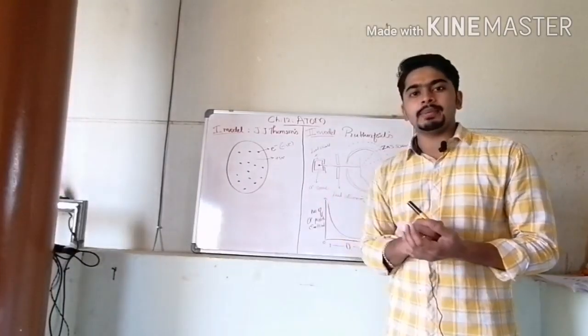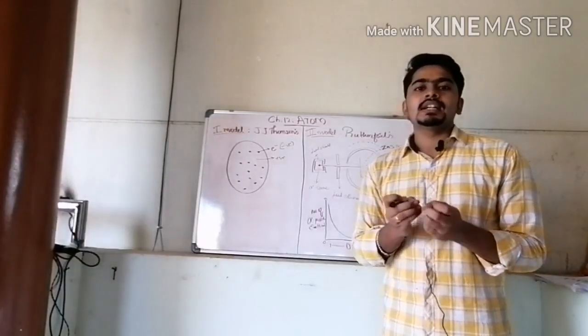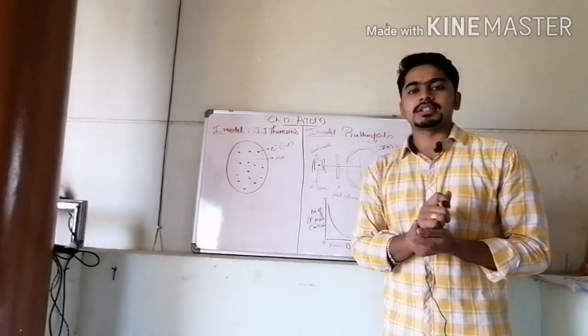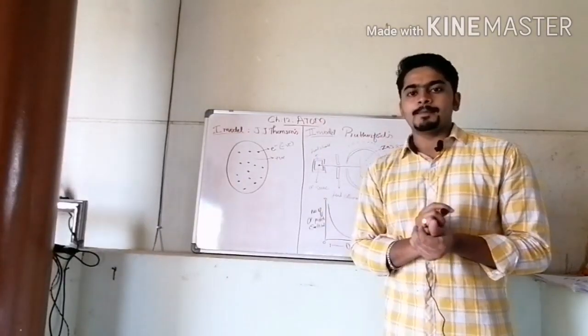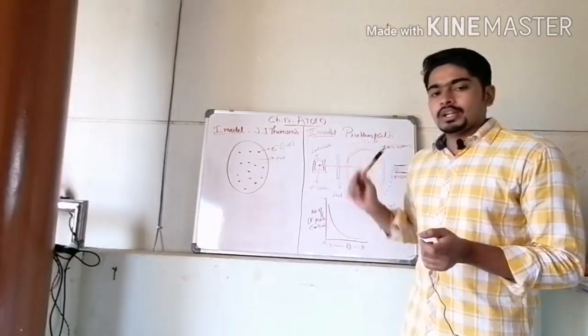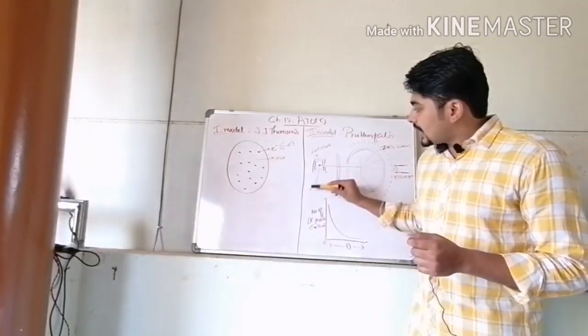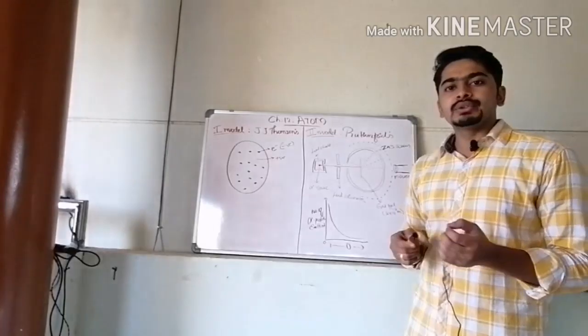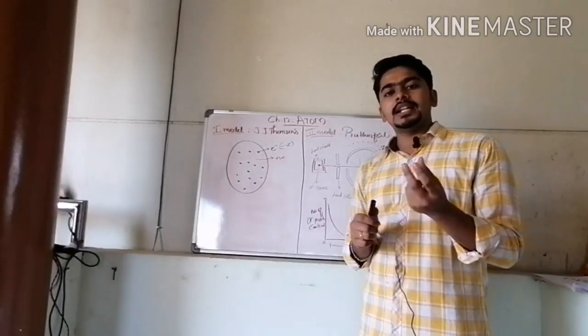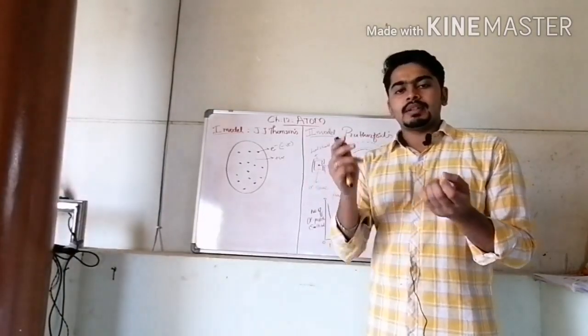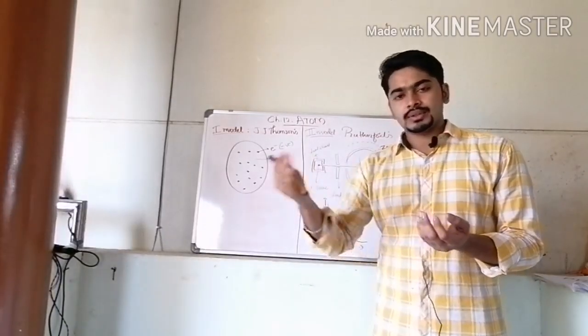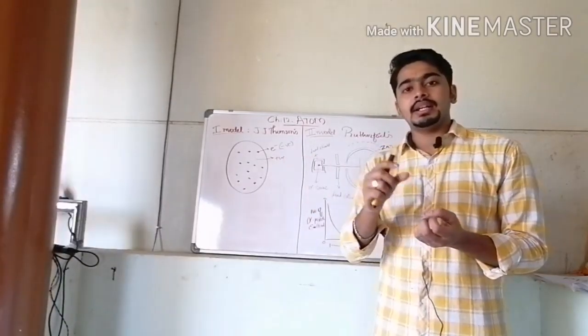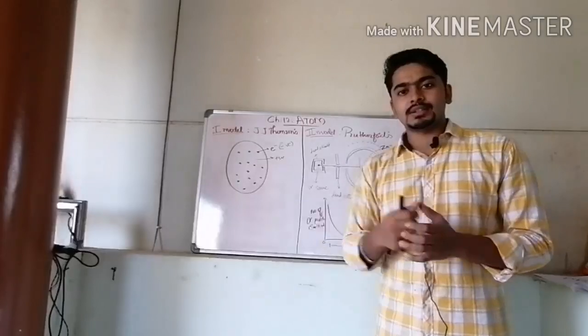But for our experiment, what we need is a collimated beam of alpha particles in a single line. So Rutherford placed the alpha source inside the lead shield. He used lead because lead is a material which does not allow the radiation to pass through it.